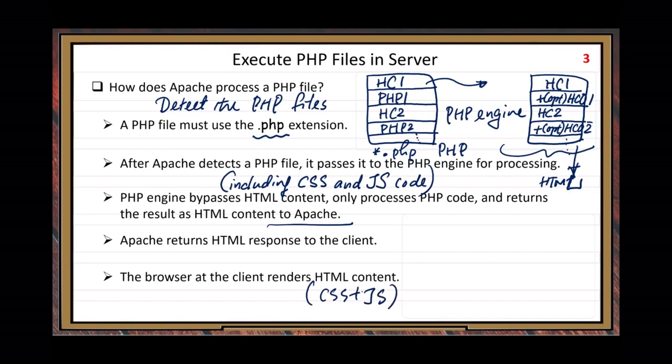If you have CSS or JavaScript code, it is kept as is, and it can be executed. So that's the whole basic procedure of the background PHP code processing, the internal mechanism.